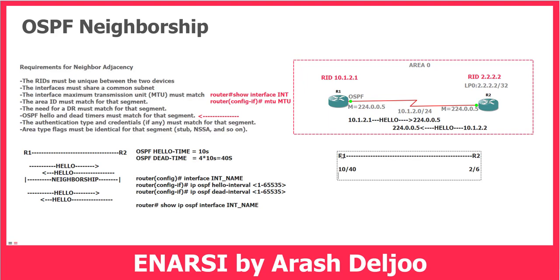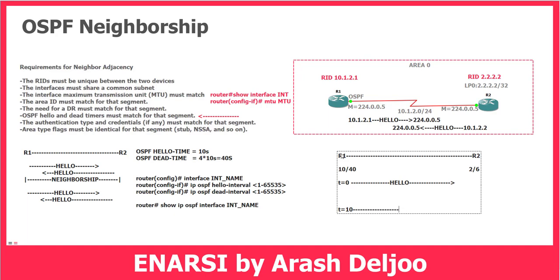When you are talking about OSPF, router 1 is sending the first hello at time 0. Okay, this is the hello. We are sending this hello from router 1 to router 2, and the next hello is sent at 10 seconds.